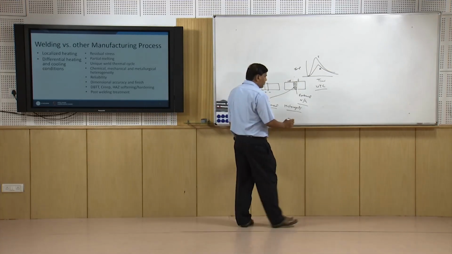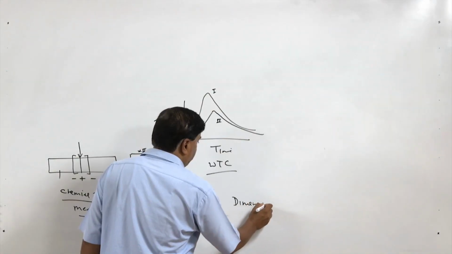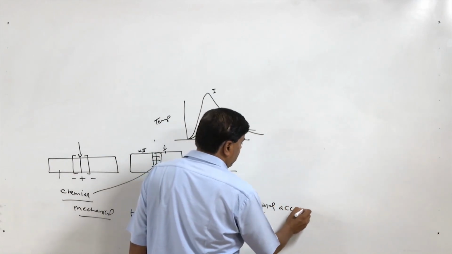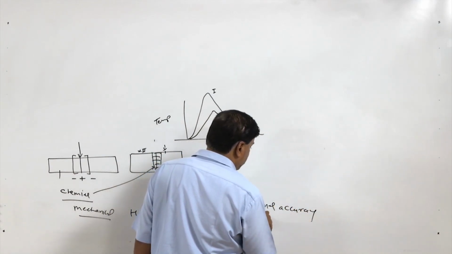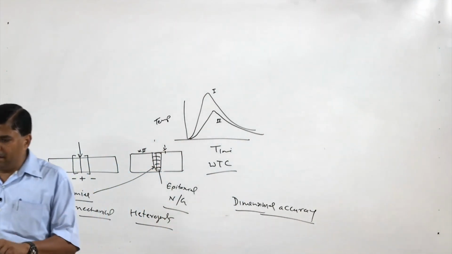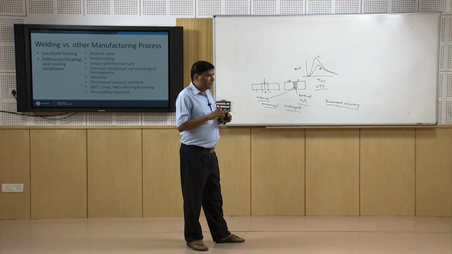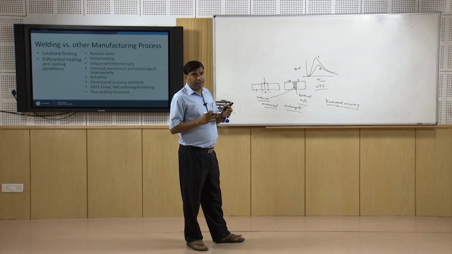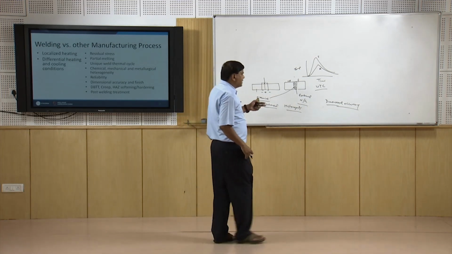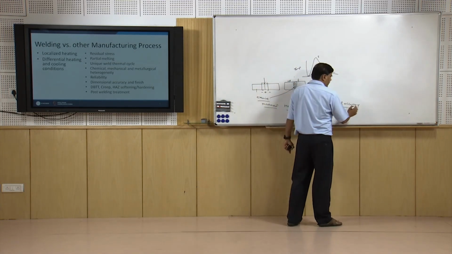Dimensional accuracy and surface finish is another important aspect. Dimensional accuracy of the welded joint is in general poor because of the shrinkage, and the expansion and contraction associated with heating and cooling result in a lot of variation in the dimensions and poor control over the dimensions.